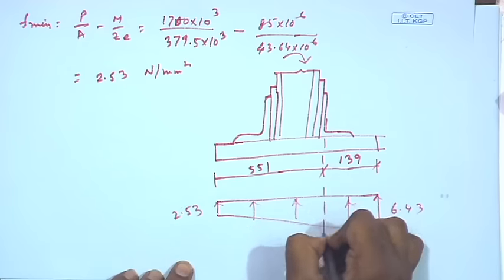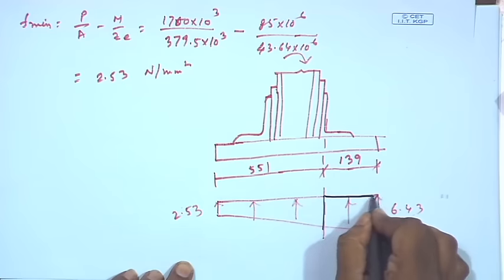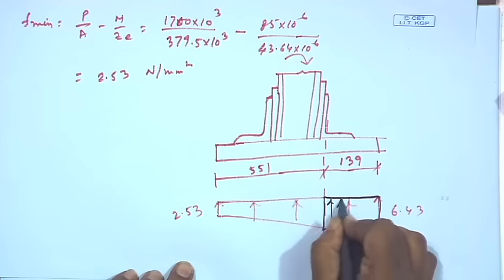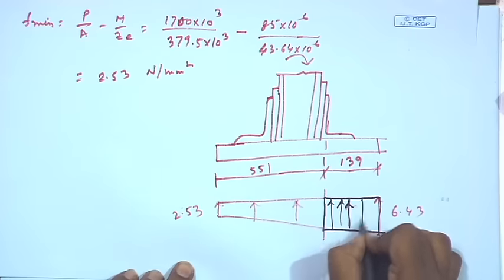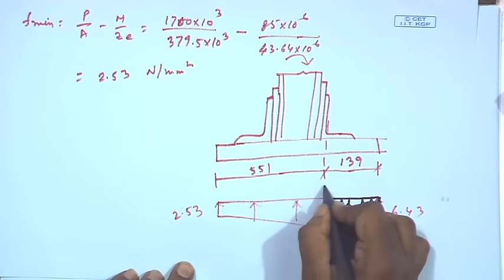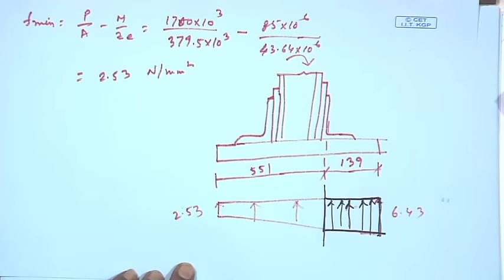So, we need to know the pressure is this trapezoidal distribution, and we need to know the moment at this critical section.